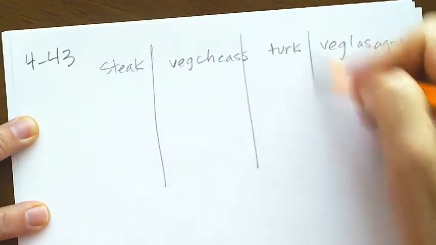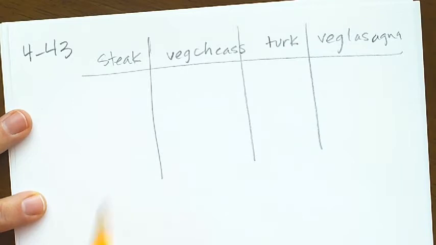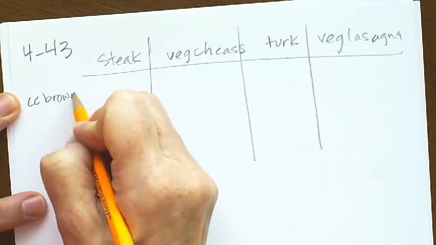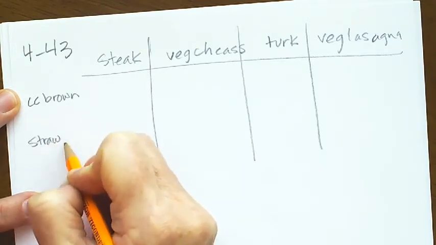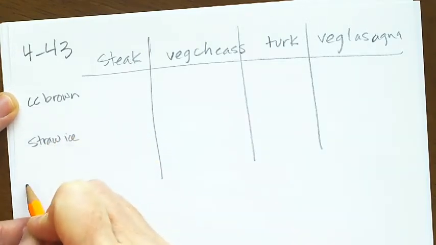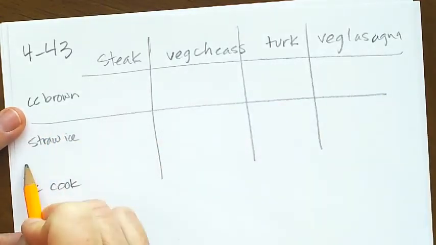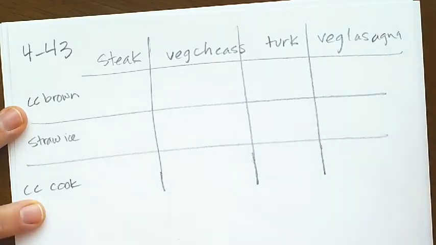And then there are 3 dessert choices: chocolate chip brownies and strawberry ice cream and chocolate chip cookies. So what would you choose if these were your options? Well, I would choose the vegetarian options.